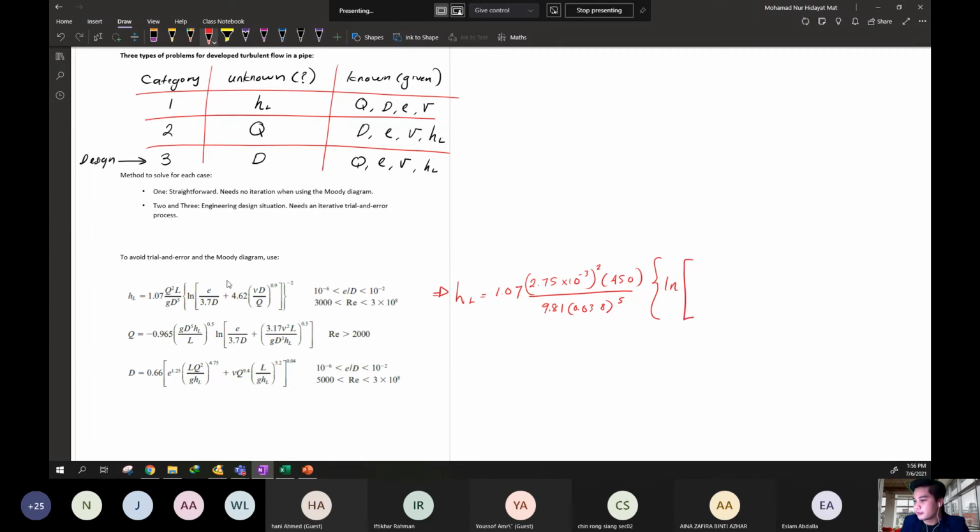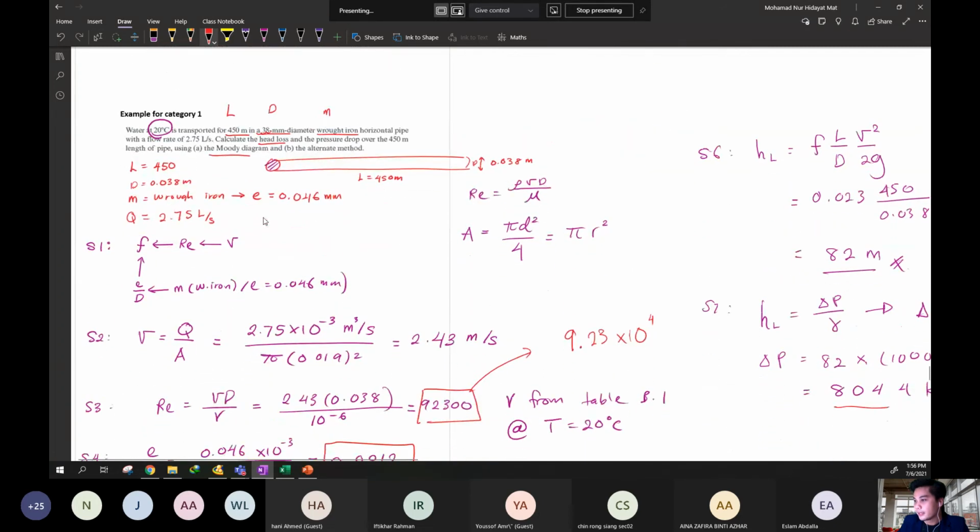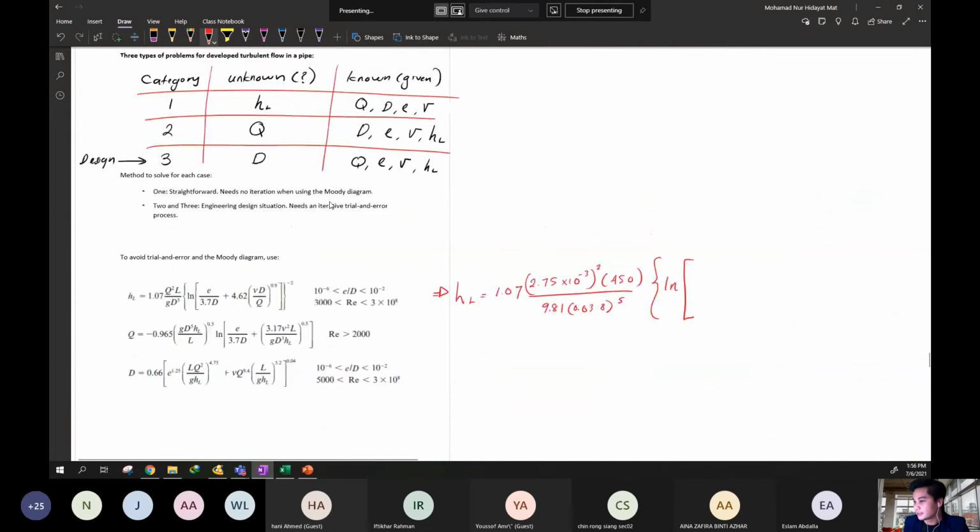The relative roughness is given already: e is 0.046 multiplied with 10 to the power of negative 3, over 3.7 multiplied with diameter 0.038, plus 4.62.